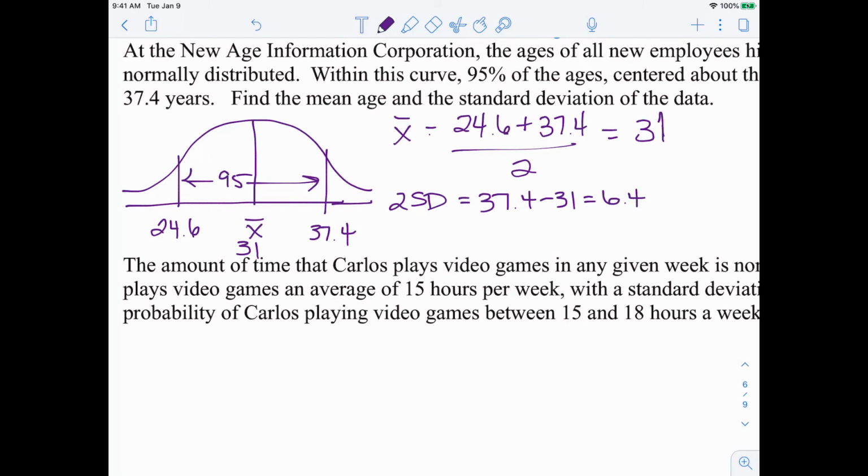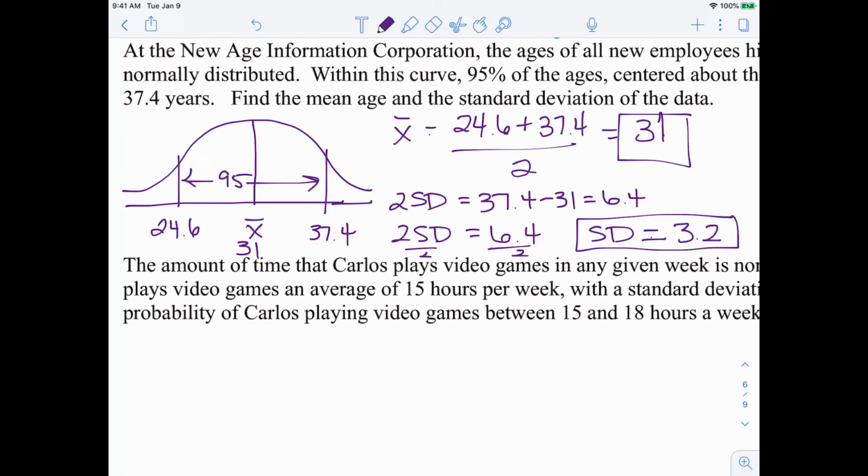So 2 standard deviations is equal to 6.4. So to figure out what 1 standard deviation is, I would divide both sides by 2. So your standard deviation ends up equaling 3.2. So your standard deviation is 3.2, and your mean is 31.